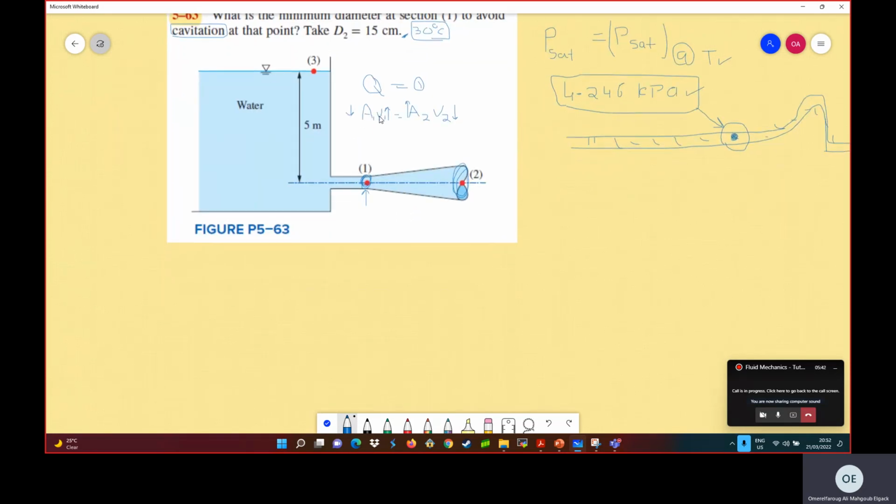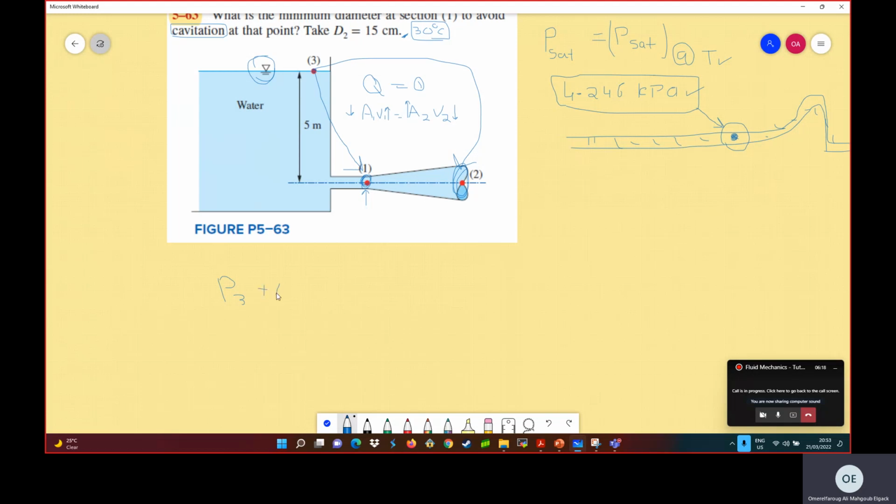And if the velocity is higher, then the pressure at 1 will be lower, because if you apply the Bernoulli equation between point 3 and point 1, and between point 3 and point 2, the left hand side is P3, the atmospheric pressure, and the fluid here is stagnant, I mean no motion, so we don't have the dynamic term, half rho v squared, because there's no velocity.